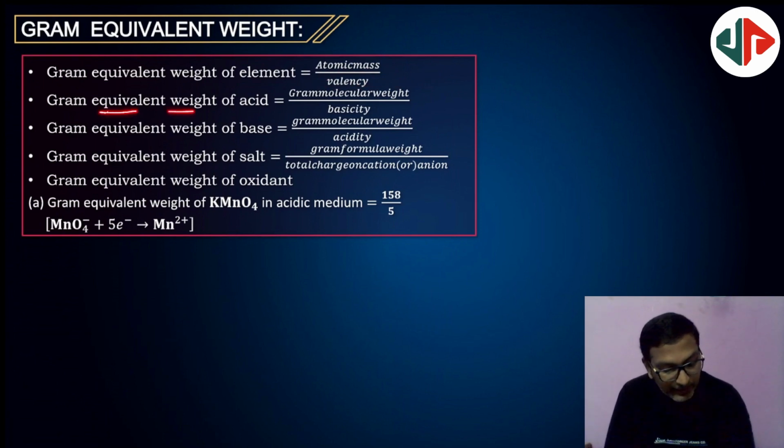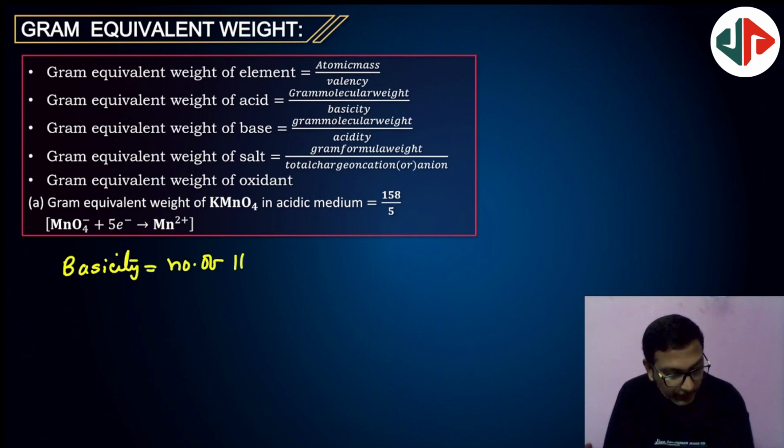Similarly, the equivalent weight of an acid is molecular weight by basicity. Basicity means the number of H+ ions in one molecule of acid.